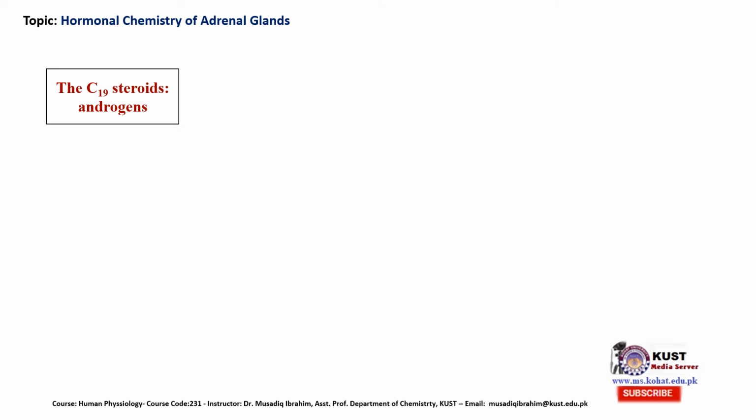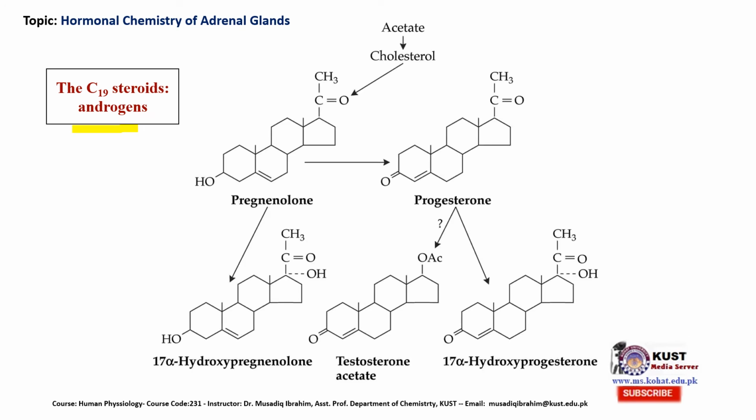So now moving towards the C19 steroids, which are also known as androgens. First of all, the acetate structure is converted into cholesterol, and then the cholesterol is converted into pregnenolone. Then the pregnenolone is either converted into progesterone or into 17-alpha hydroxypregnenolone.